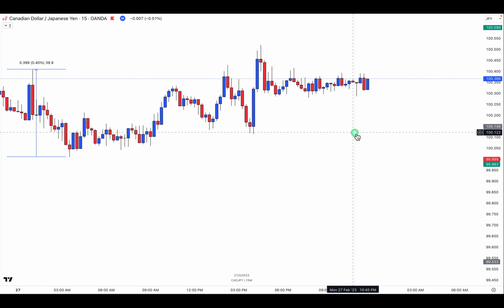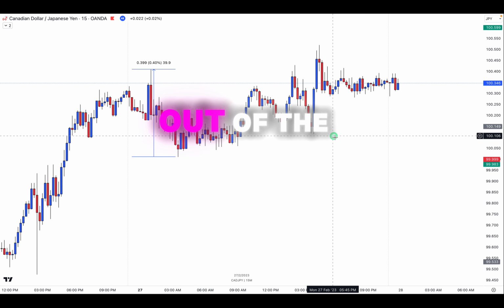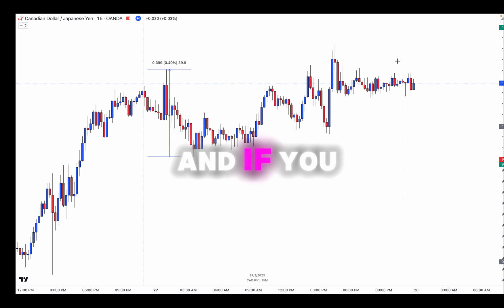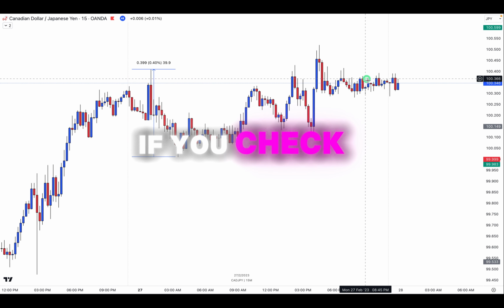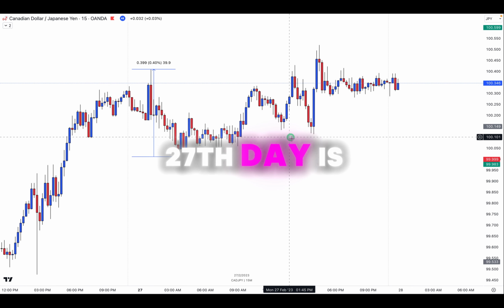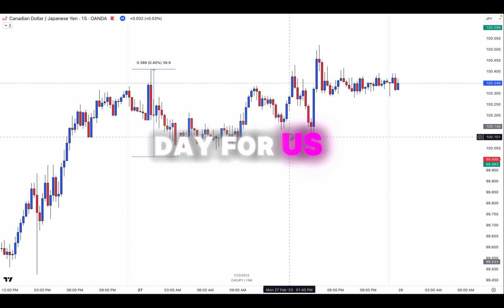Okay, because this is already out of the day that we're going to trade, we're now going to the following day, which is the 27th. If you check on the calendar, the 27th is actually a valid day for us to trade.